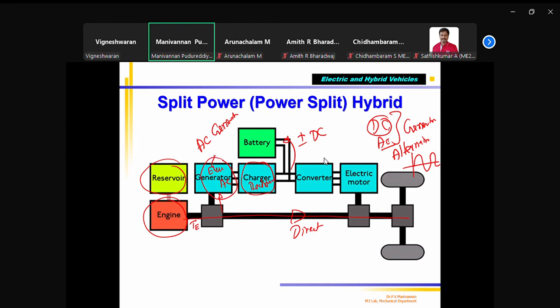So don't say, sir, I saw in some car they use a DC generator, then I don't need a rectifier. But of course, there will be a charging circuit. What is the charging circuit? We need to control the amount of voltage applied to the battery and also the rate at which current is supplied, called the charging rate. If you directly connect the generator output, you may overcharge and the battery may fail. So you need to control voltage and current, because the rate at which you can charge the battery is given by the manufacturer.